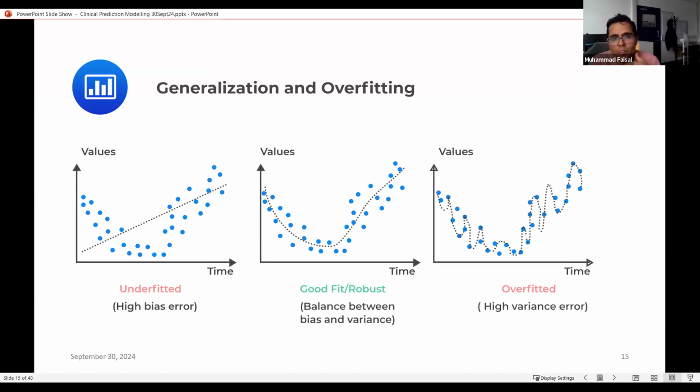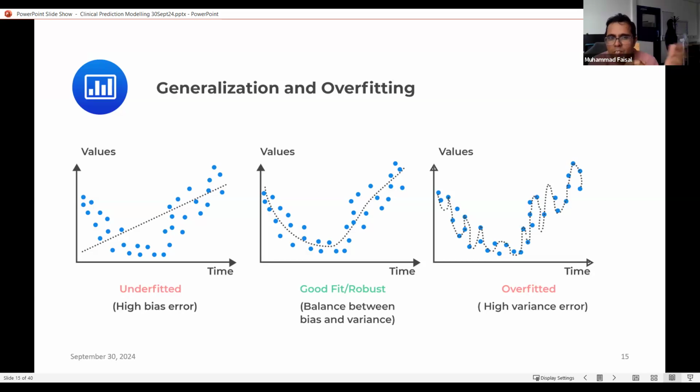What we would like to fit is a good one, a middle point, which is a good fit. You have the observed data, which is the blue one, and the black dotted line is going along. This is basically your regression, your analysis, your clinical prediction model. If it goes nicely around those points, we say the model actually fits.